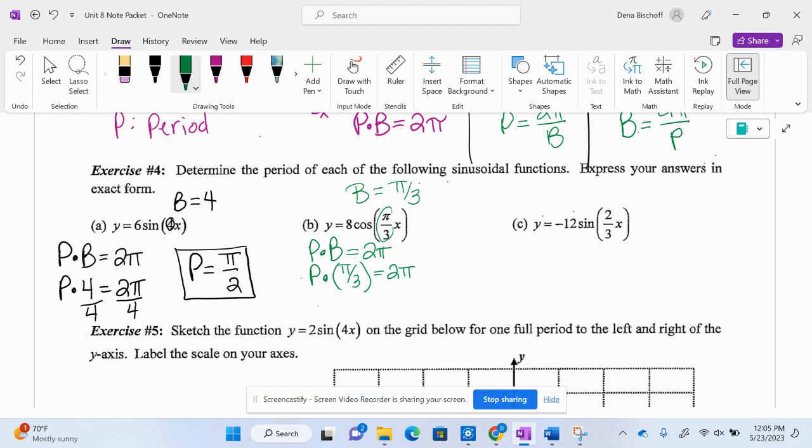Multiply by the reciprocal. I'm going to multiply this side by 3 over pi, and I'm going to multiply this side by 3 over pi. The pi's cancel out, the 3's cancel out, so P equals, well here, this is like 2 pi over 1, so the pi's cancel out, and I'm left with 2 times 3, which is 6.